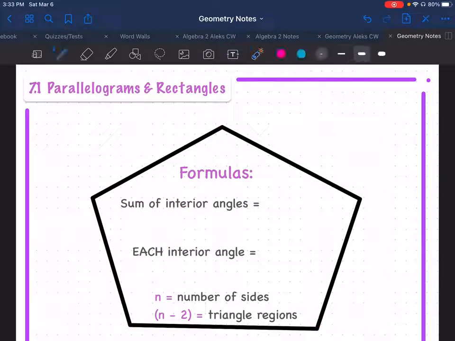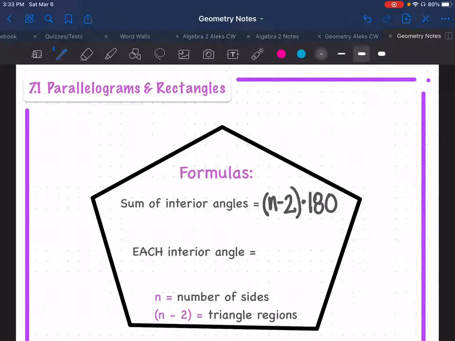So the sum of my interior angles, this plus this plus this plus this plus this, is going to be equal to n minus 2, where n is my number of sides, and this n minus 2 is the number of triangular regions that I have, times 180.